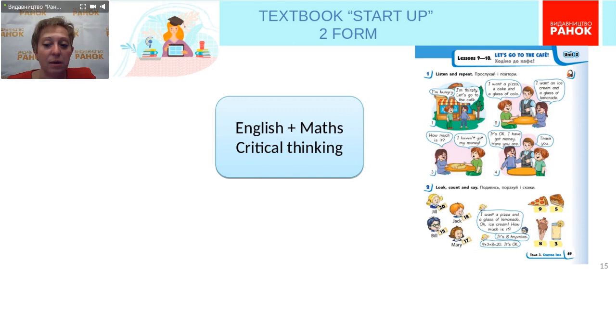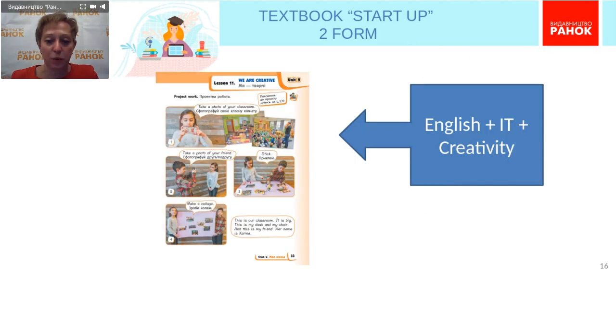They can see food, they need to count and decide which food they can buy having the sum of money that is given to them. This exercise is really interesting because pupils start discussing and thinking and arguing maybe. So I think this exercise will be really fun for your children, but not only fun, it will be useful.